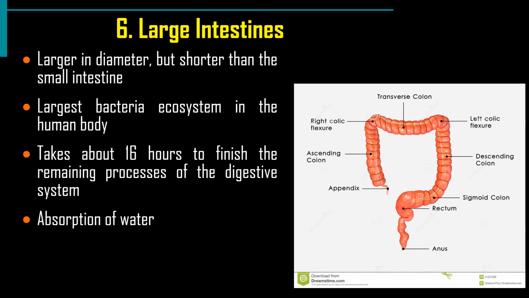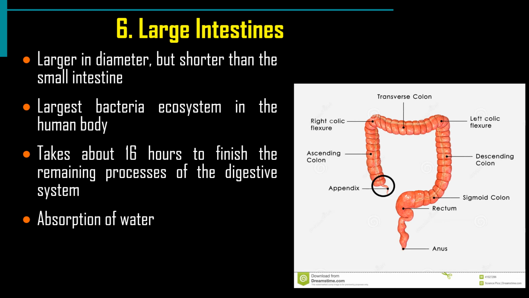The function of the large intestine or large bowel is to absorb water from the remaining indigestible food matter and then to pass the useless waste material from the body. The colon helps to absorb a small volume of water from the lumen, which is 400 milliliters per day.